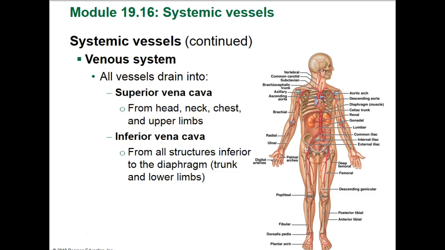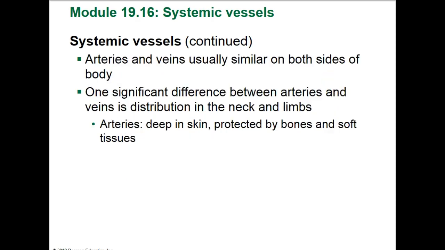So that's the trunk and lower limbs. And the arteries and veins are usually similar on both sides of the body. One difference they mention between arteries and veins is the distribution in the neck and the limbs.